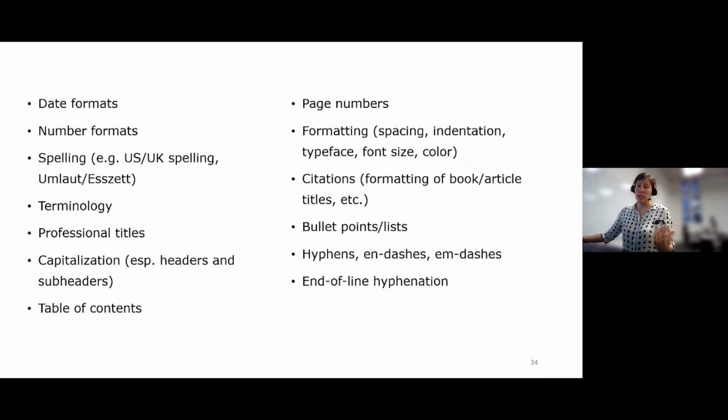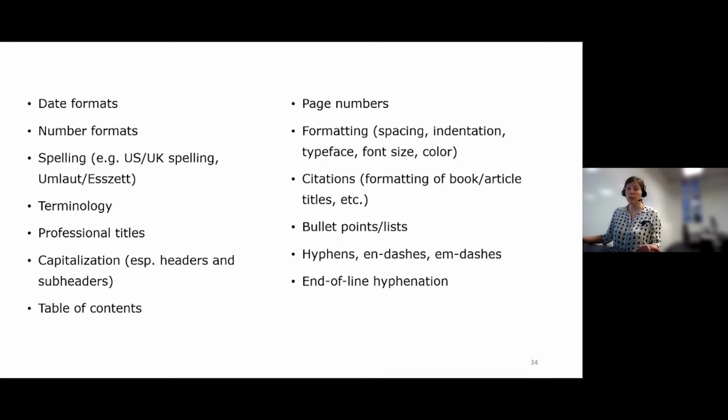Spelling, terminology. Professional titles, when somebody is called a manager in one place and head in another place. Capitalization, especially of headers and subheaders. Tables of contents. Sometimes a chapter title will be written differently in the table of contents than at the start of a chapter. Same with page numbers and section numbers.